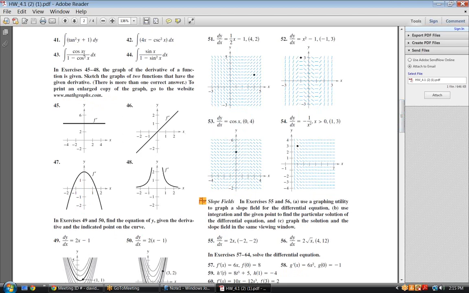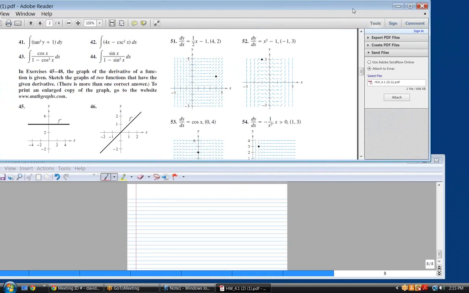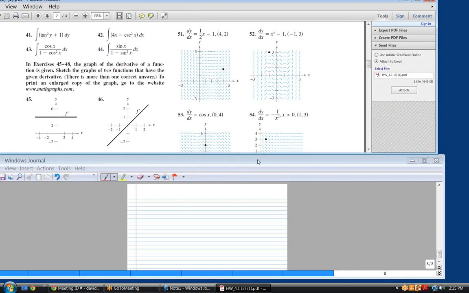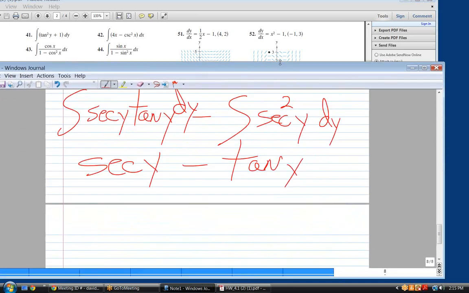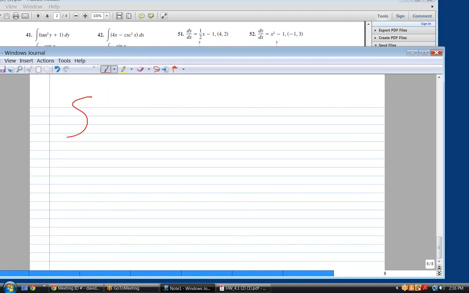Let me look at 41. They're not quite the same. I think it's worth doing 41. 41. Yeah, that's the next one in line. In other words, we just did 40. Yeah. I see. 41.